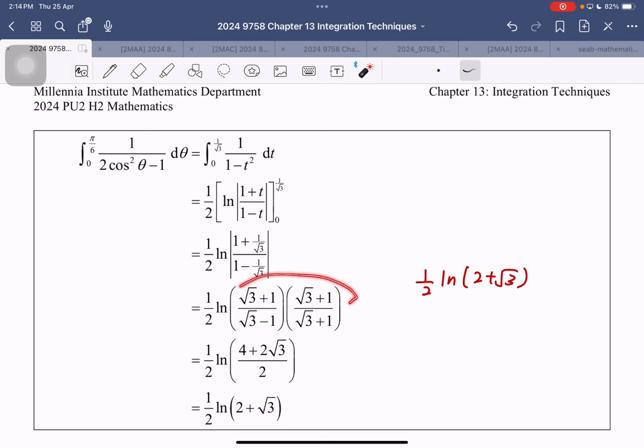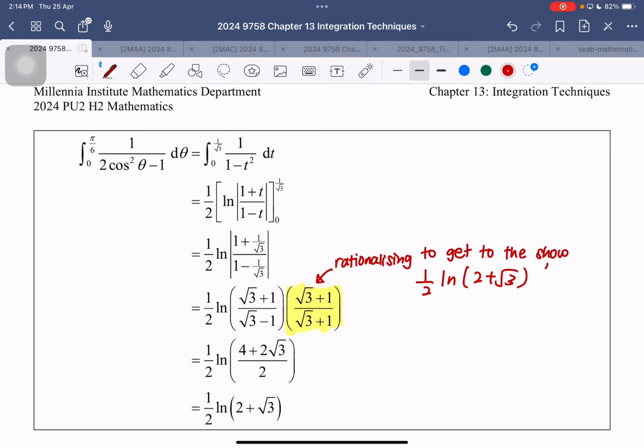So that's the reason why we are rationalizing it. This term is what we do to rationalize the fraction, to get to the show part. Okay, so with that, you can see that the answer is as follows.